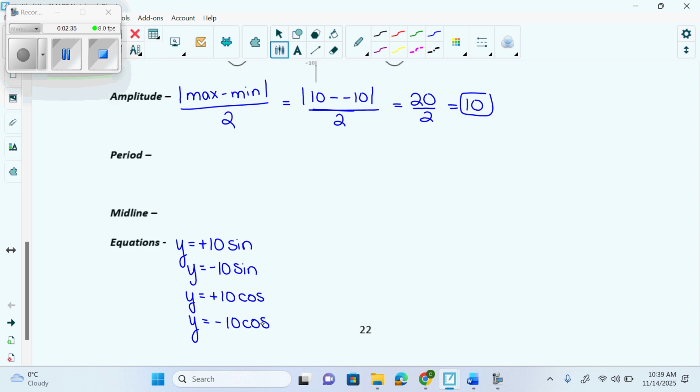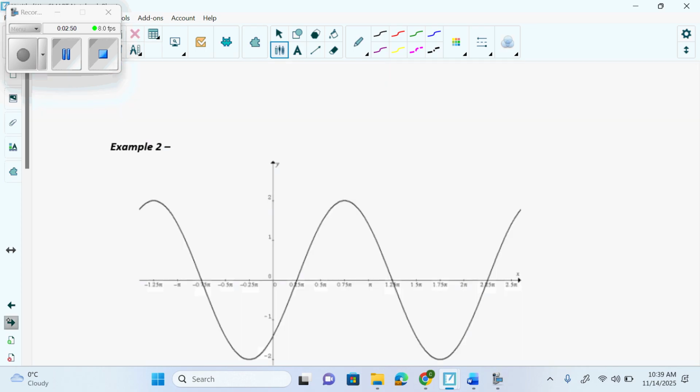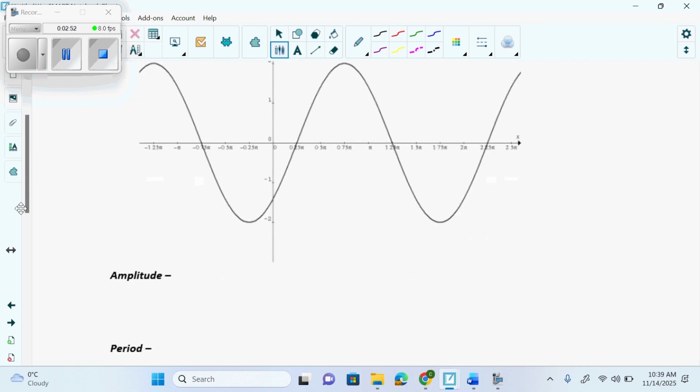Yes? Okay. Then we're going to flip over to the next one. Just doing the amplitude. So the next one, our amplitude is the absolute value of 2 minus negative 2 divided by 2, which is 4 over 2, which is 2.